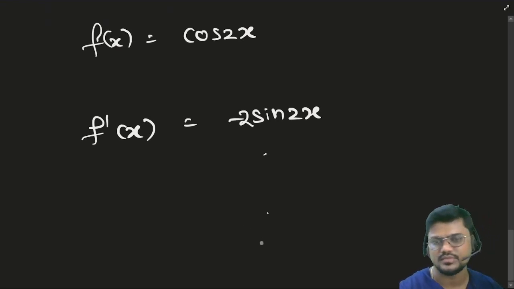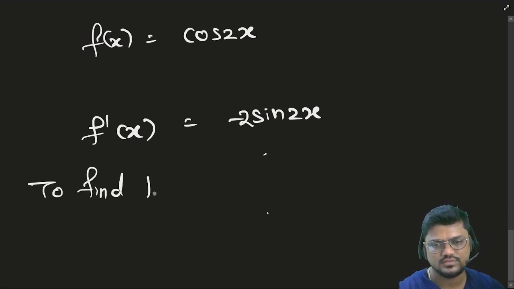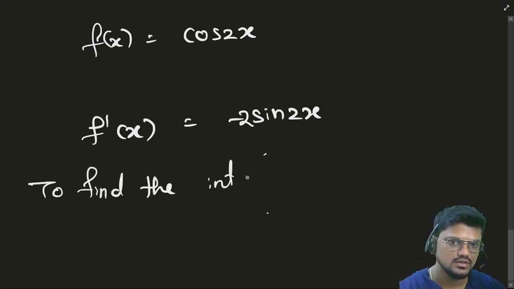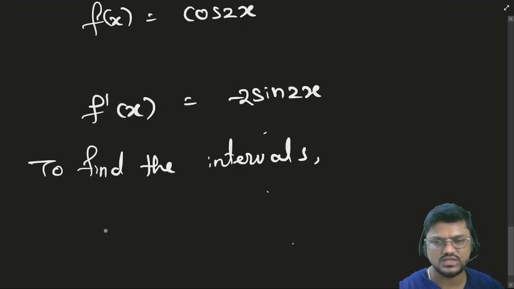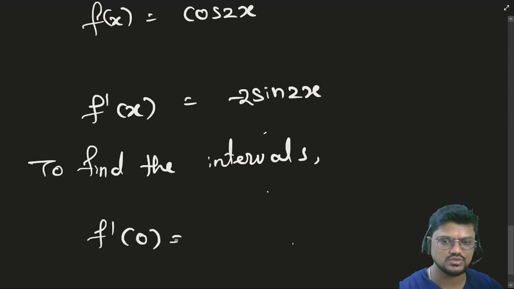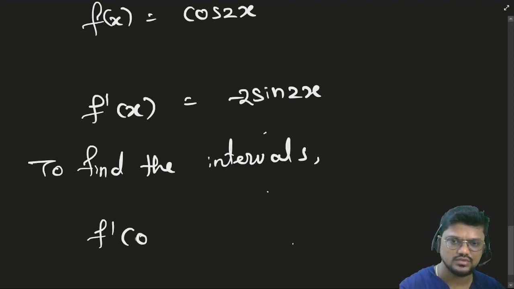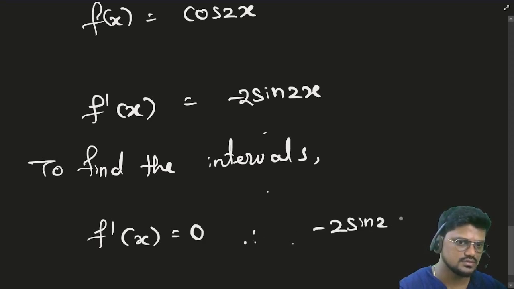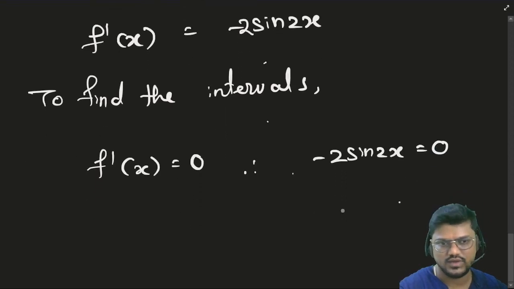Now, to find the intervals, what you have to do? You have to put f dash of x equals 0. Therefore, minus 2 sin 2x equals 0. And finally, sin 2x is equal to 0.